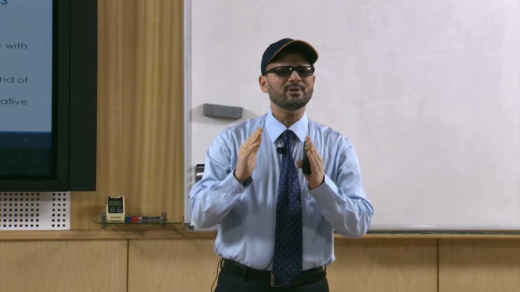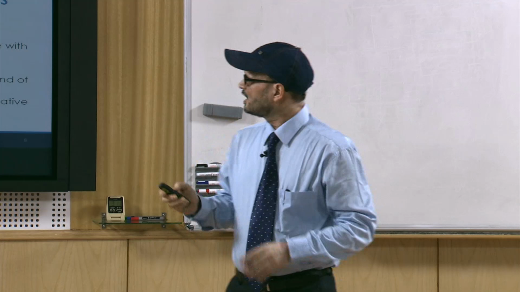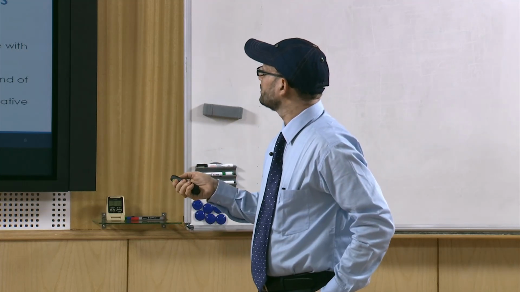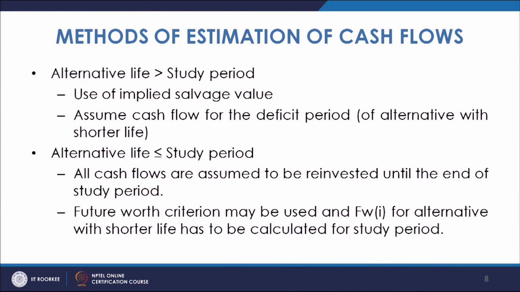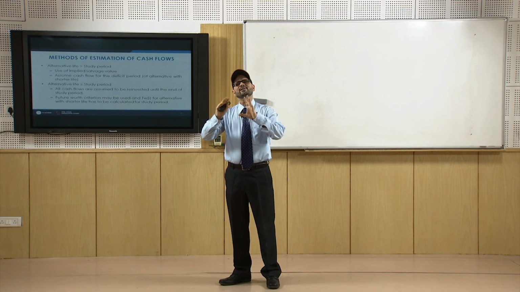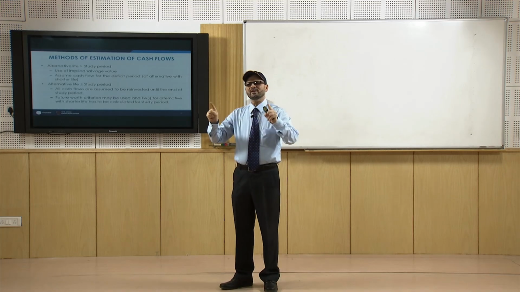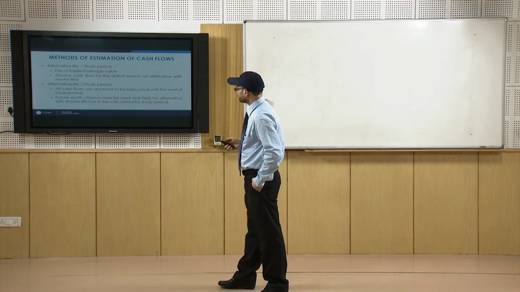If you take the study period of 3 years, either you can calculate the implied salvage value, or sometimes for the deficit of 2 periods you can assume certain costs, and based on that you can do the replacement analysis taking the whole period as the study period.